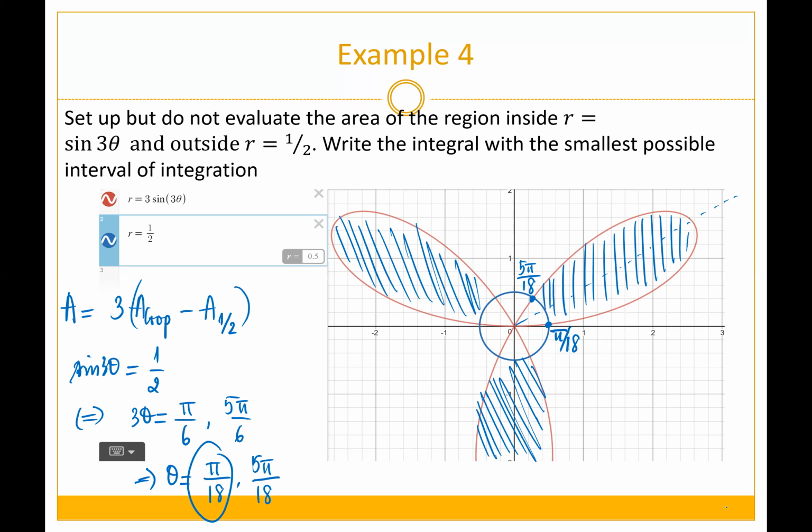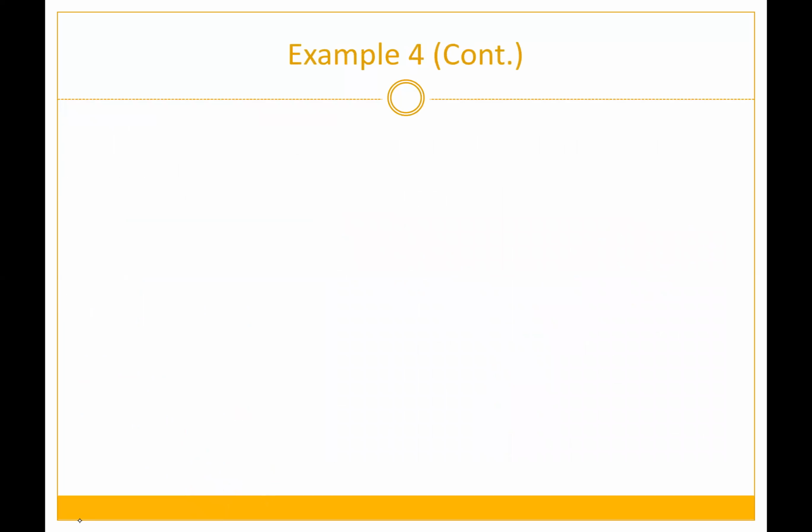And so after having that, now we can set up the area that we need. So it's 3 times the integral from pi over 18 to 5 pi over 18 of the outer radius, which is f squared, and we multiply by half. Then f squared is going to be sine squared 3 theta minus 1/4, because one half squared is 1/4, d theta.